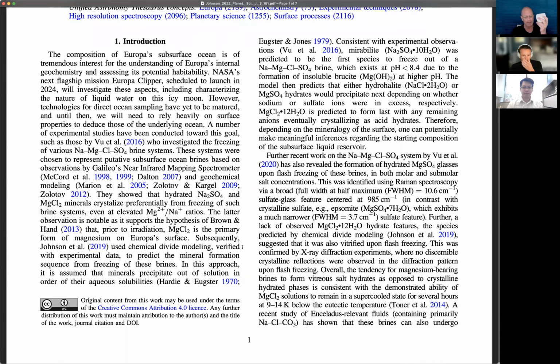Cool. Got it. So in a sense, these are maybe simple experiments in some ways, where we make brines, we freeze them, and we look to see what we get. But we've been playing a lot with a putative Europa ocean brine, where we're using sodium, magnesium, chloride, and sulfate, and that's largely chosen to get it to a tractable problem, where we don't have like 1,000 different components.